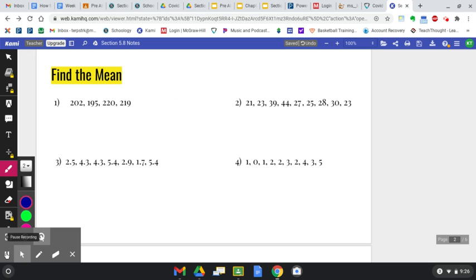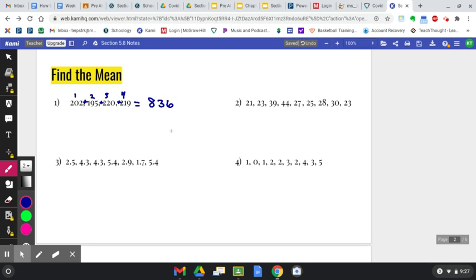All right, so let's look at a few examples of finding the average. So first off, I have 1, 2, 3, 4 data entries for this set. The first thing I want to do is find the sum of them. So I'm going to add these together, and I get a total of 836.